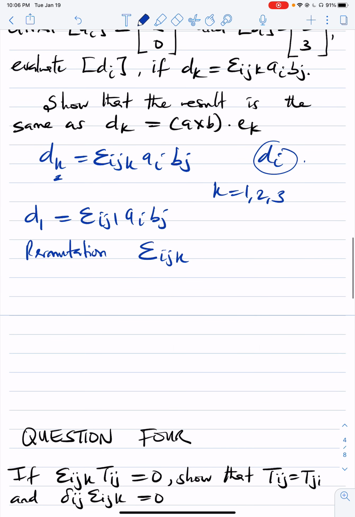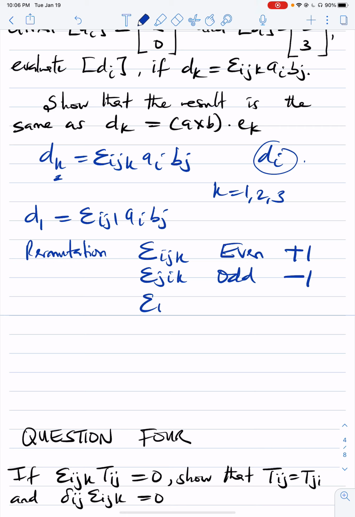If the order is correct, it becomes an even permutation and we get +1. If you have, let's say, an odd permutation, it gets -1. If you have it repeated like iij, something of that nature, we get 0.